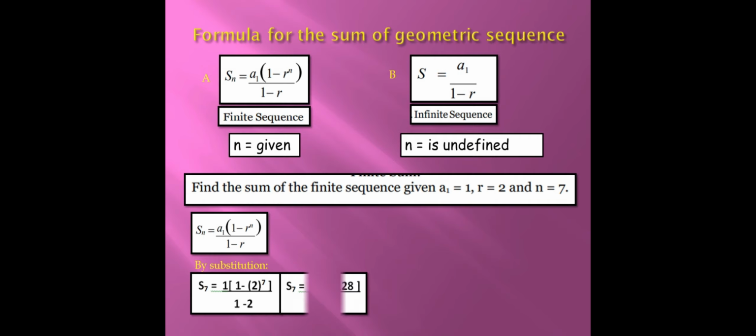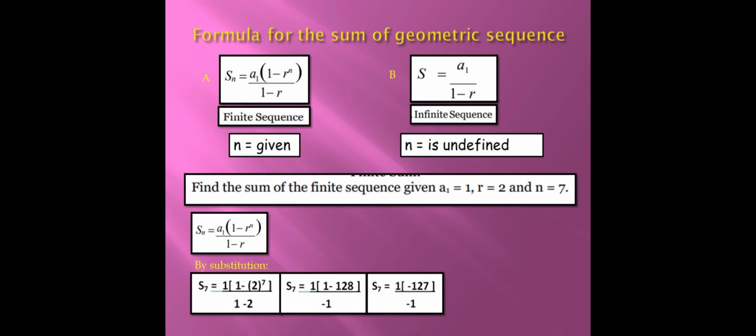Okay, simplify natin. So yan na siya. Equals to 1, quantity, 1 minus 128. Because 2 to the 7 is 128. So over negative 1. Since 1 minus 2 is negative 1. Okay. So the difference now of 1 minus 128 is negative 127.